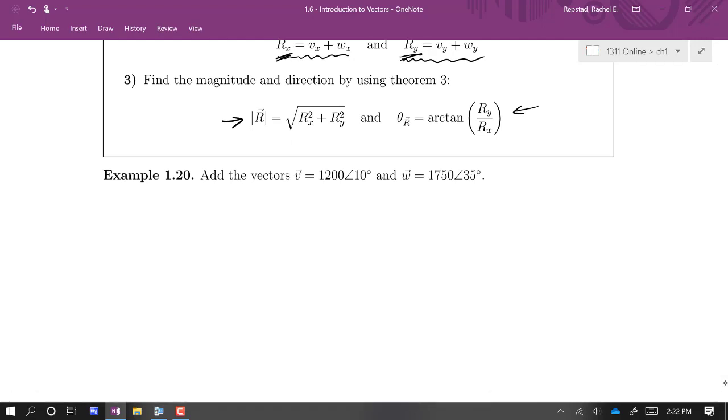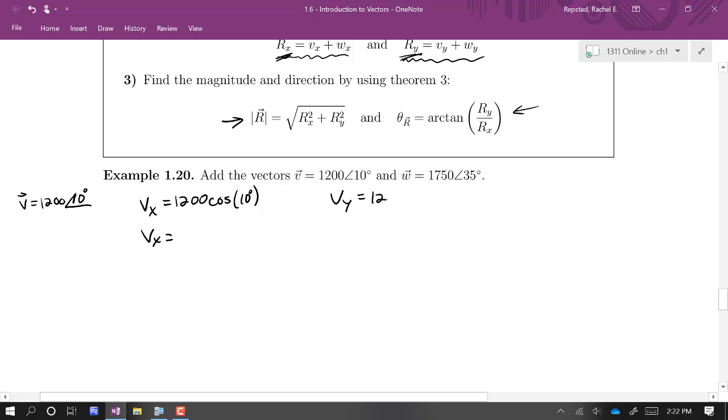So let's focus first on the vector V. So we know that Vx is magnitude 1200 times cosine of the angle 10 degrees, and Vy is magnitude 1200 times sine of the angle 10 degrees.